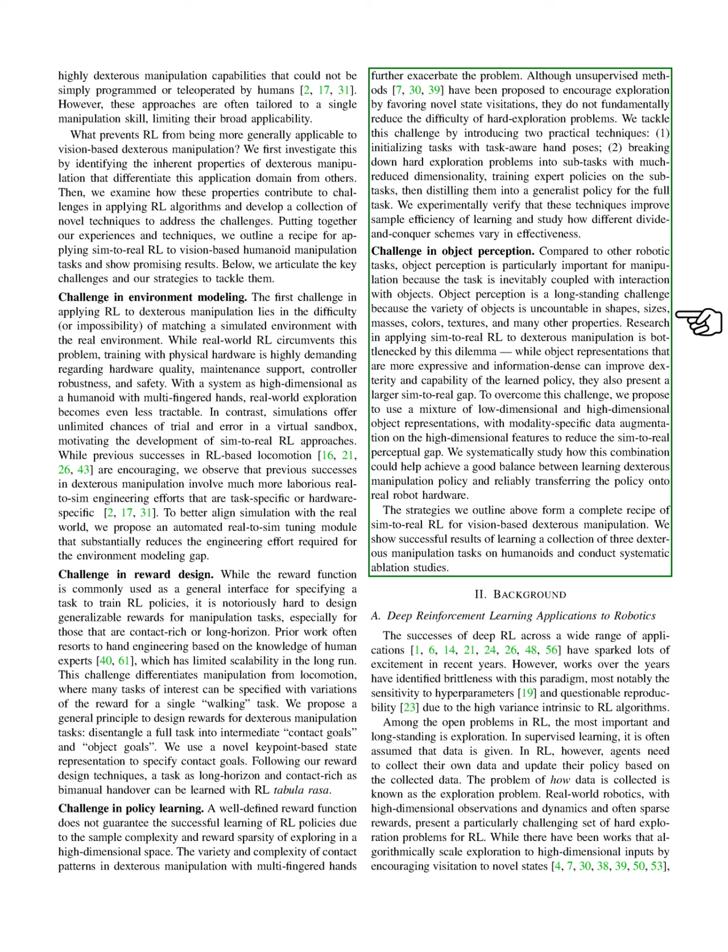To tackle this, we recommend using a mix of low-dimensional and high-dimensional object representations, applying specific data augmentation to the high-dimensional features to minimize the perceptual gap. We systematically investigate how this combination can balance learning dexterous manipulation policies and transferring them effectively to real robots.